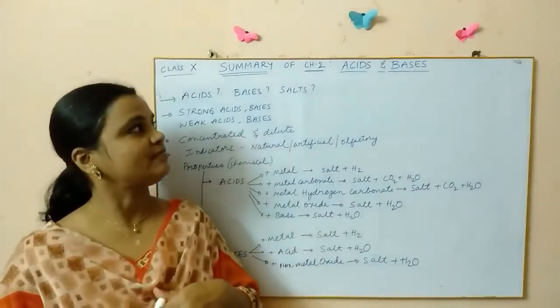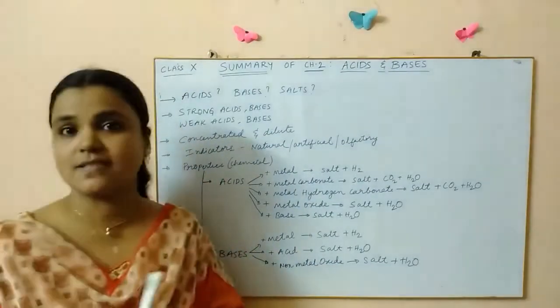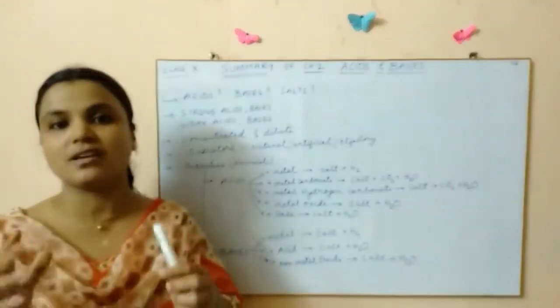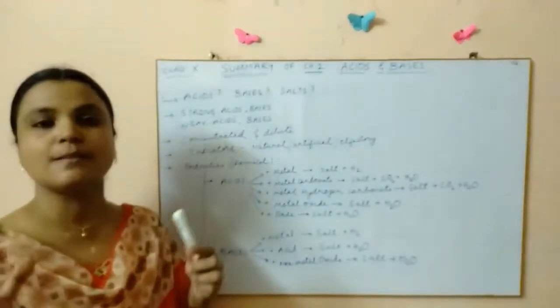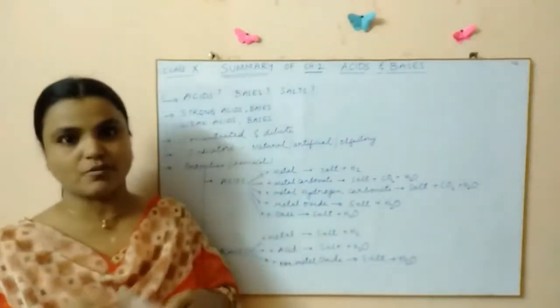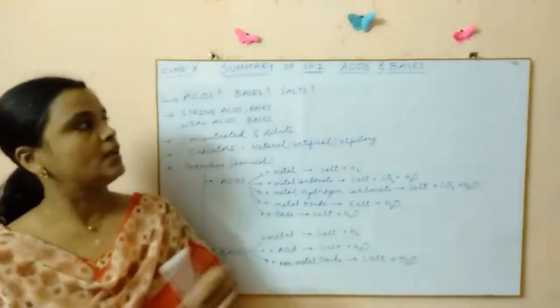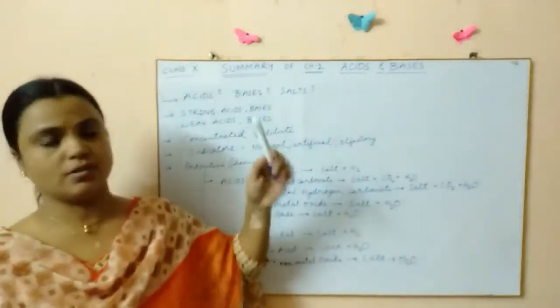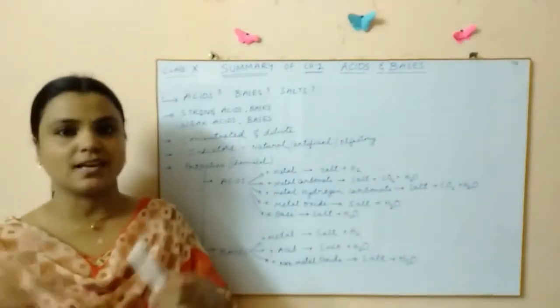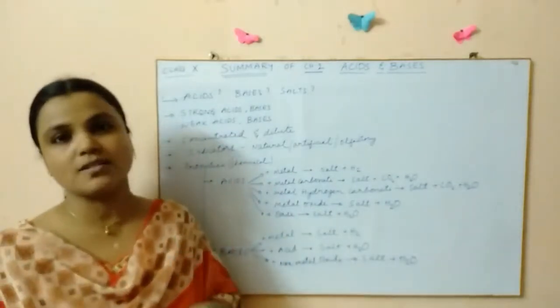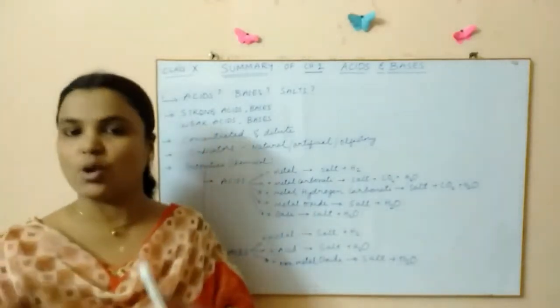Okay? So let us begin today's revision class, that is about the chapter acids and bases. It's one of the most interesting chapters in our syllabus, children. We have already learnt some basic points or concepts about acids and bases in our lower classes.